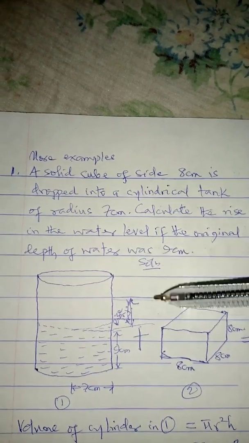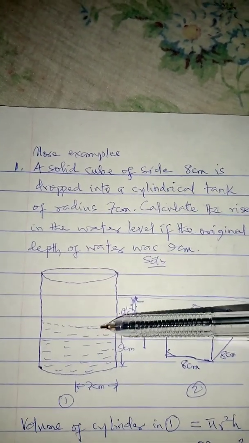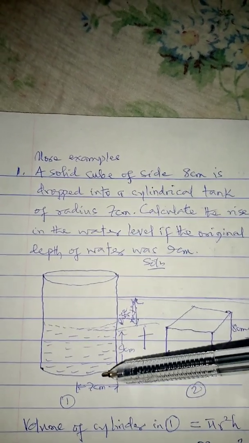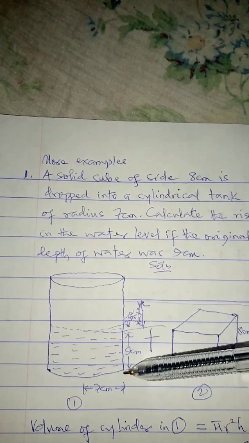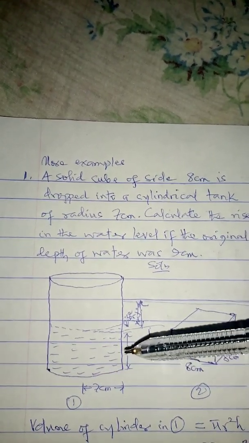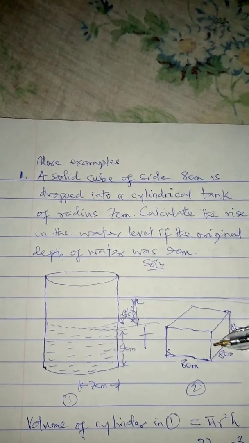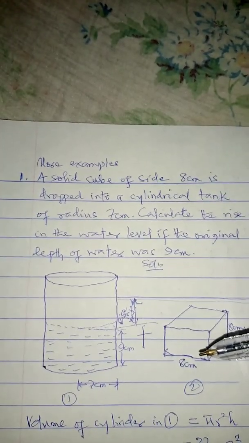Now the solution. This is your cylinder originally containing 9 cm of water. The radius is 7 cm. This is your solid cube of side 8 cm.